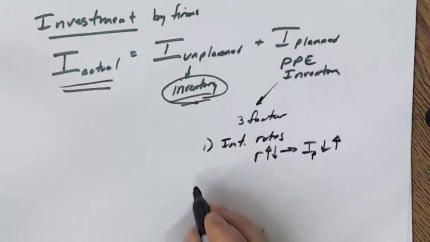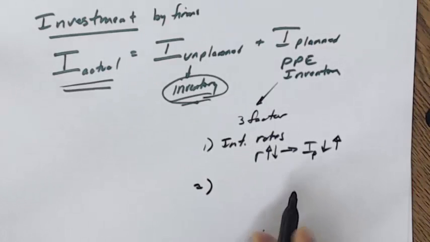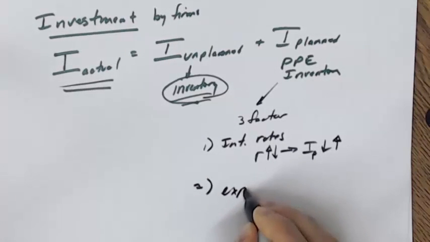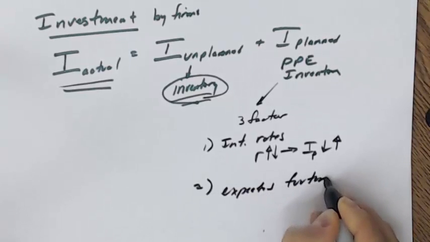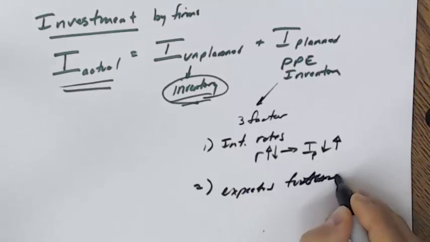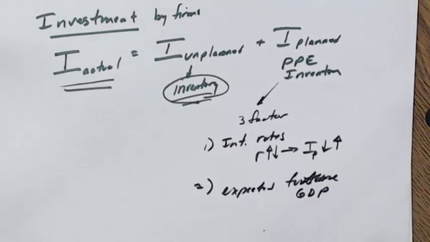The second factor is that we have expected future GDP. Okay, expected future GDP goes up. So if you think that gross domestic product is going to go up, production is going to go up next year, then firms are going to have to prepare themselves for that production.